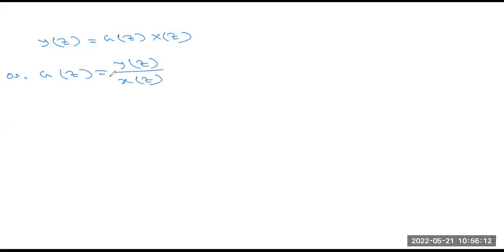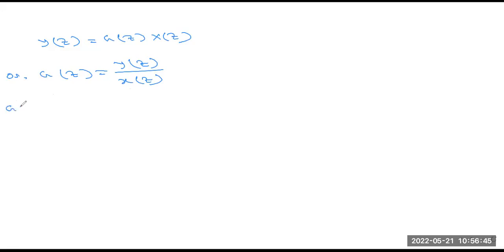You know that in our control system we have to calculate the transfer functions. The transfer function is basically the ratio between the output of the system and the input of the system. So here you can see this is basically the transfer block. This ratio of the output Y of z and the input X of z is basically called the pulse transfer function.